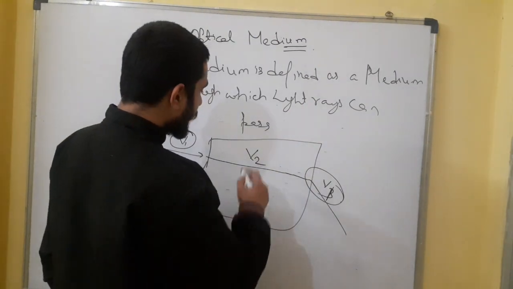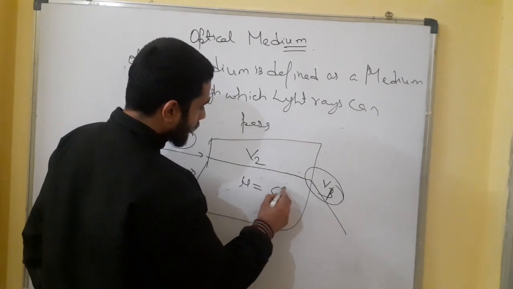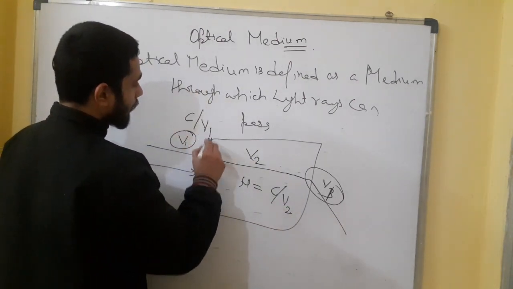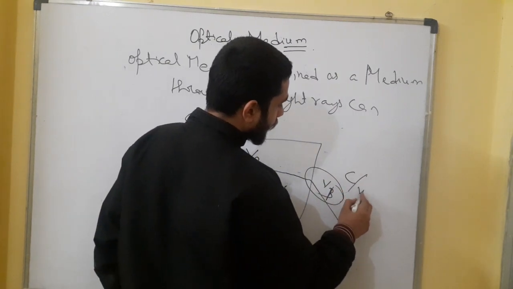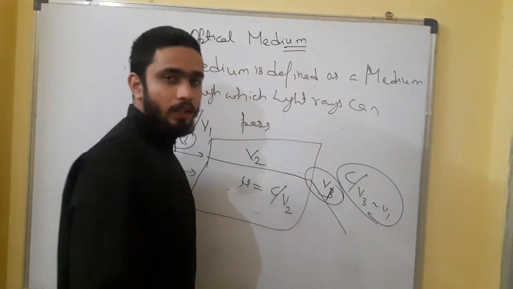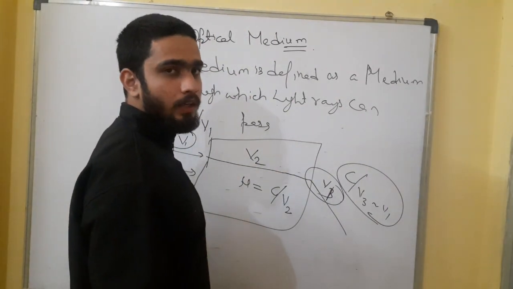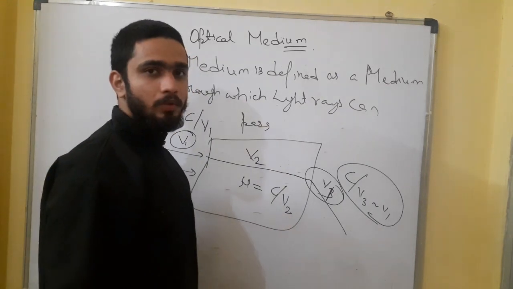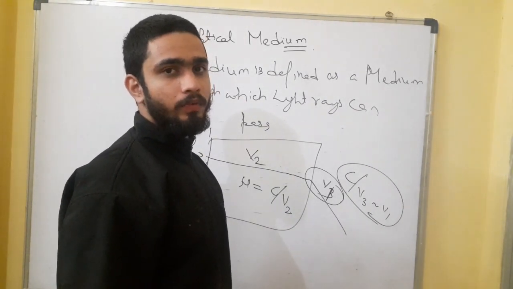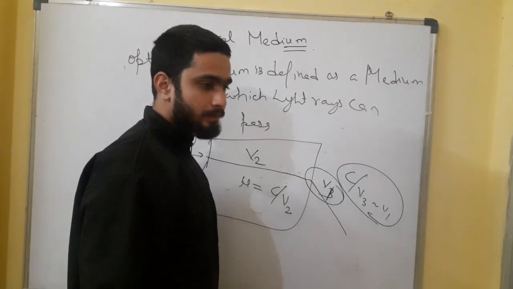Okay. So how will we define mu? Mu will be defined like C by v2, C by v1, C by v3 and so on. So like this we will define the mu, the refractive index, in different mediums. If any questions come like this, we can easily find the value of refractive index in the optical mediums. Okay.